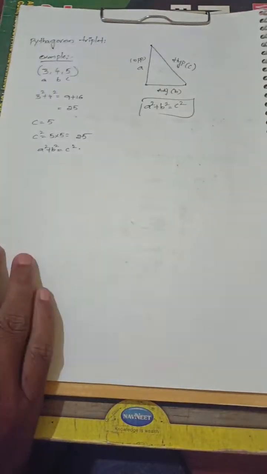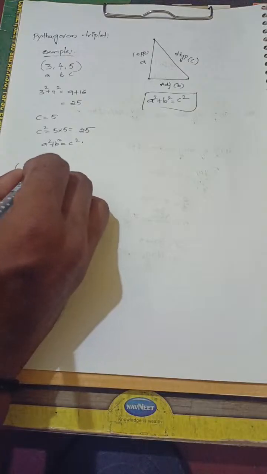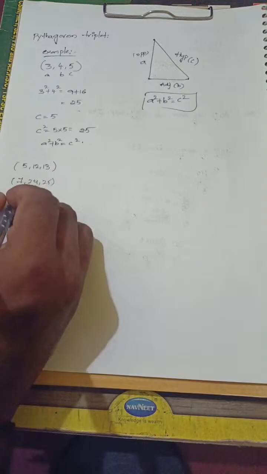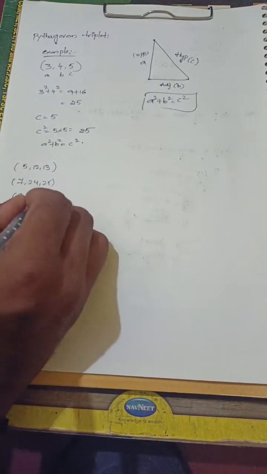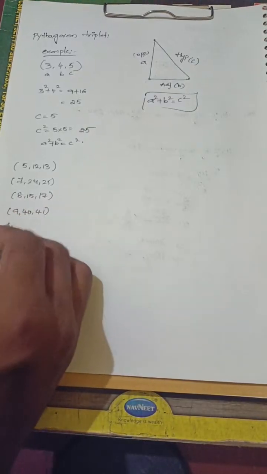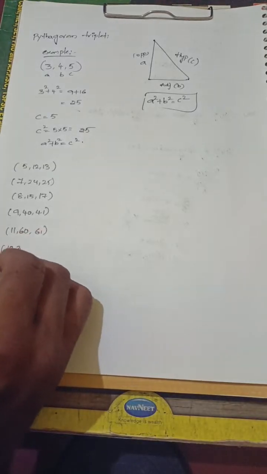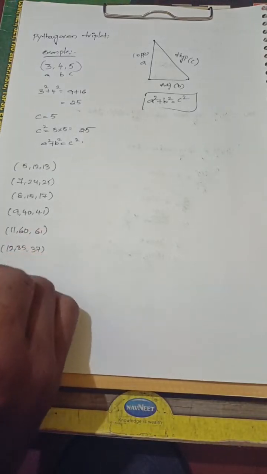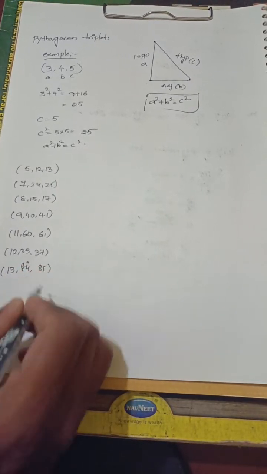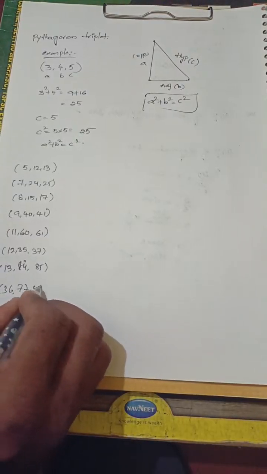Some more examples I am going to write: 5, 12, 13; 7, 24, 25; 8, 15, 17; 9, 40, 41; 11, 60, 61; 12, 35, 37; 13, 84, 85; and 36, 77, 85.